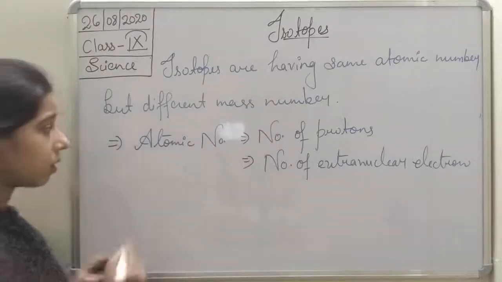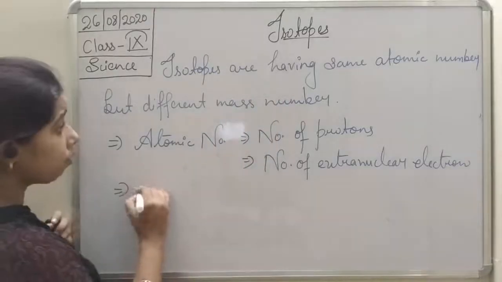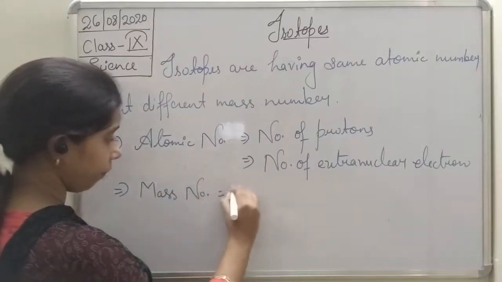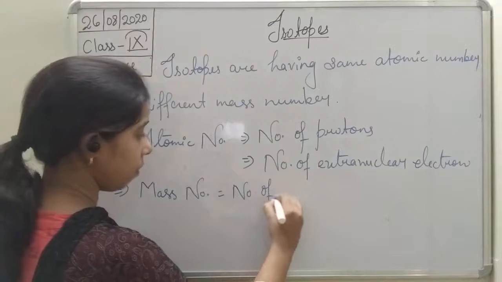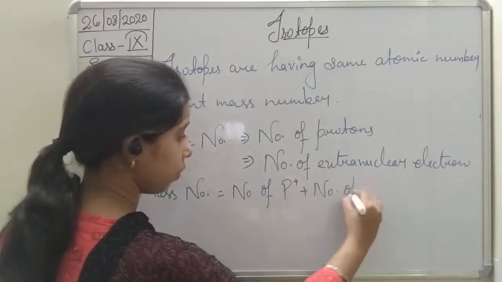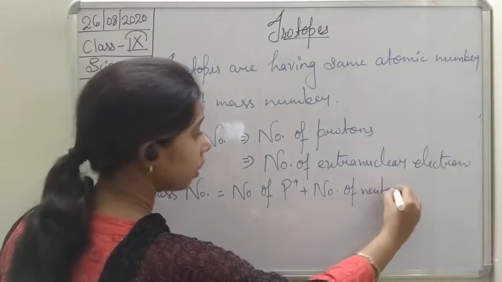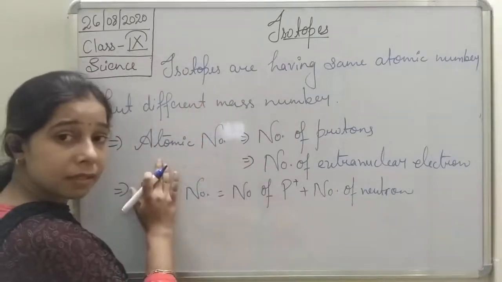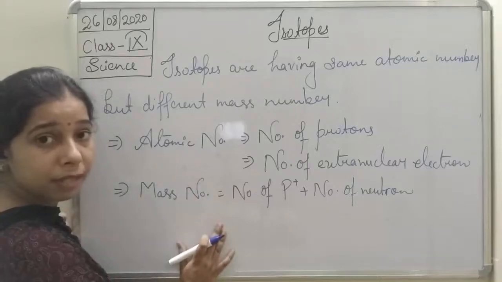So you know that mass number is equal to the number of protons plus the number of neutrons. So you see here, students, the number of protons never changes. So atomic number is same. That's why the number of protons will be same.